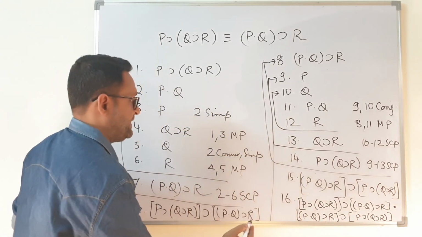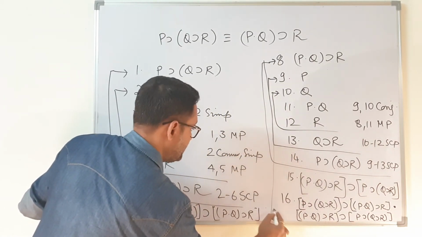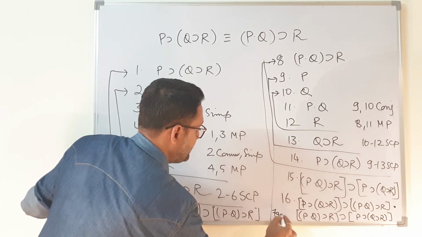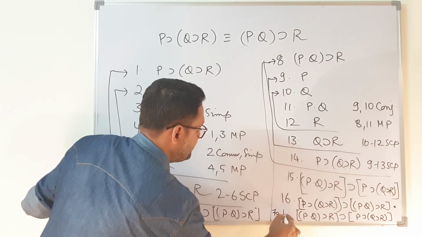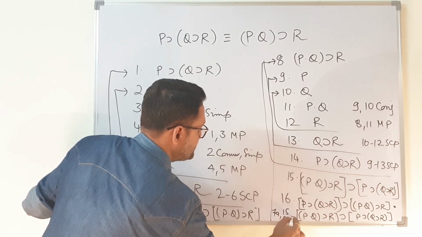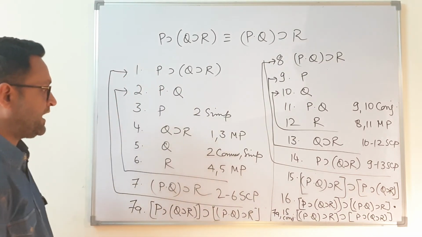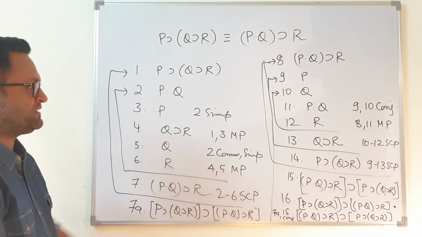So if I write the justification here, this will be 7A and 15 conjunction, right? So I know that I have made it messy, but it does not matter, it was just because of the space.